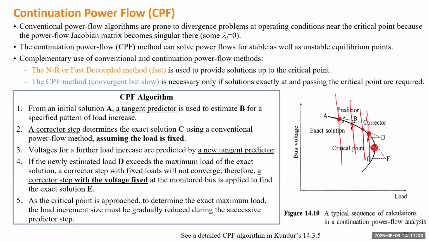Some better software may help you get very close to the critical point, but most software will fail. Then you want to switch to continuation power flow. Then it will continue until it identifies that point. That gives you a very accurate limit of voltage stability. If you want, you definitely can continue to get the lower part, but that part doesn't give you any information, because you won't be able to operate at those points.